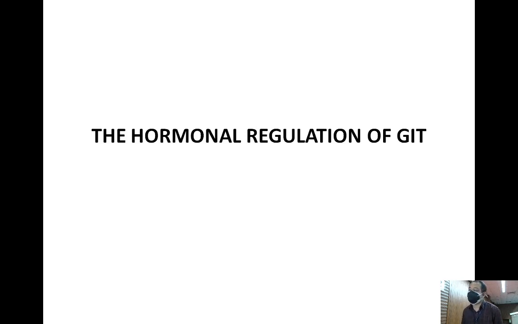So without having these functions of motility and secretion, we would not be able to digest the food material, and probably will not be able to even absorb the nutrients, because the food needs to be digested into simpler forms. That is basically the function of the GIT.